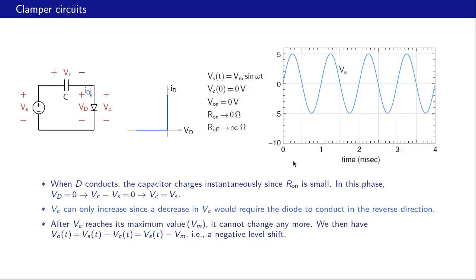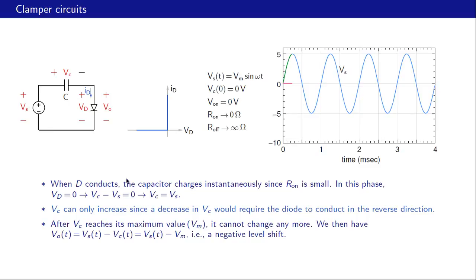Okay, let us now look at the plots. In the beginning, our capacitor voltage is 0 and Vs starts increasing, and since Vs comes across the diode as a positive bias, the diode starts conducting, and therefore the capacitor starts charging.